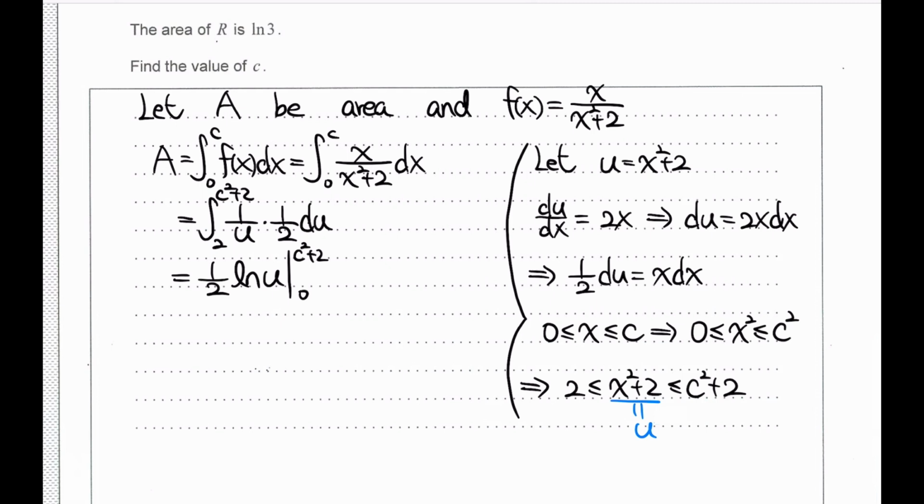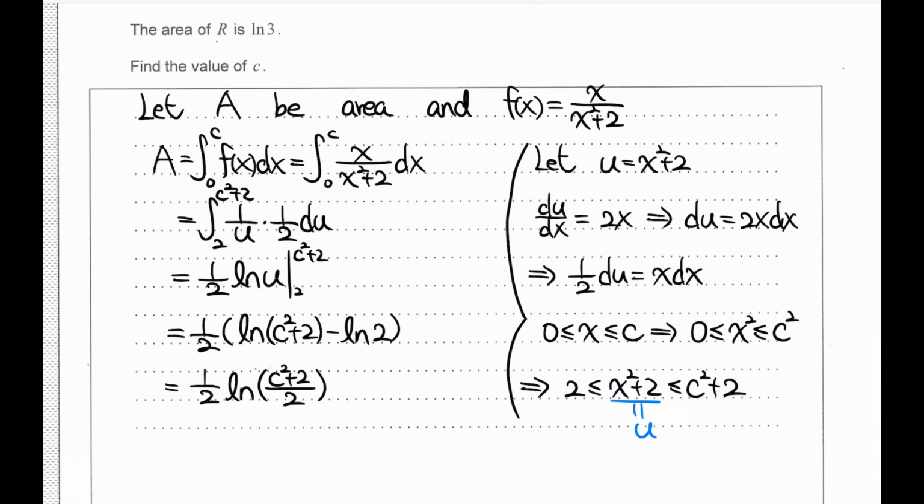Okay, so we get 1/2 times ln u at c squared plus 2, minus the lower limit here should be 2, so minus ln 2, which can be further simplified into 1/2 times ln of c squared plus 2 over 2.